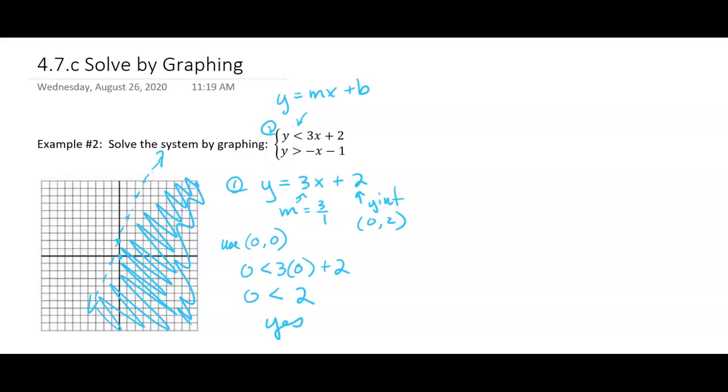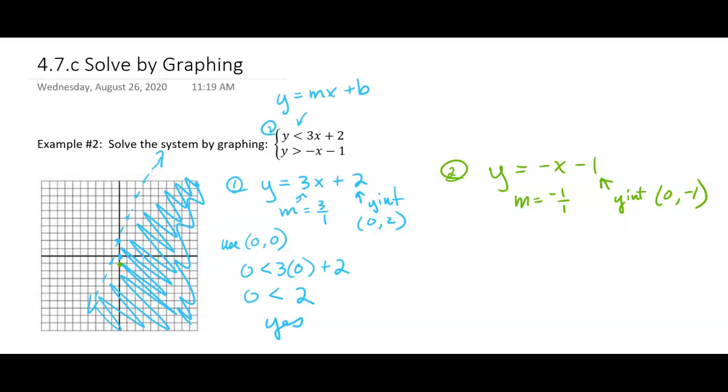Okay, so now we do the second one. We take y is equal to negative x minus 1. So my slope is going to be negative 1 over 1, if you want to write it that way. And my y-intercept is going to be 0, negative 1. So I go to 0, negative 1. I'll plot that. This is really close to my origin there.